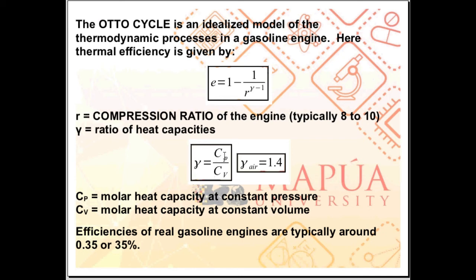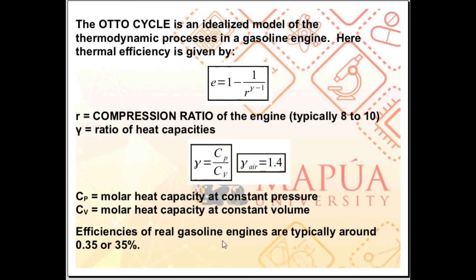Gamma is equal to Cp divided by Cv. Cp is the molar heat capacity at constant pressure, while Cv is the molar heat capacity at constant volume. The ratio of heat capacity of air is around 1.4.